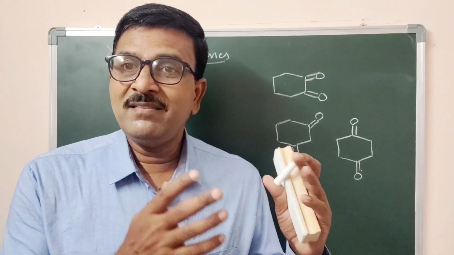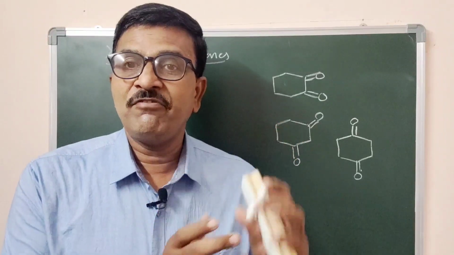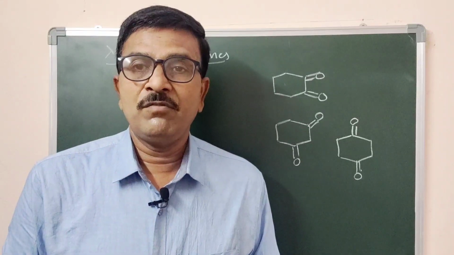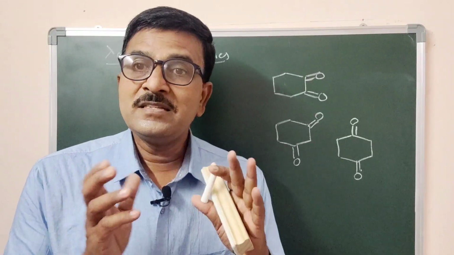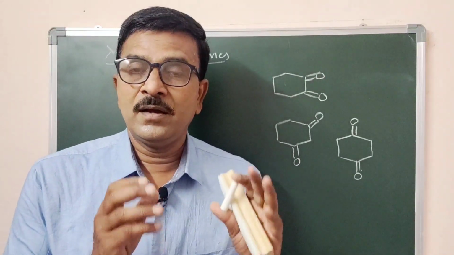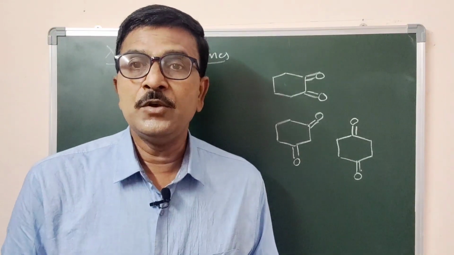So whatever the basic values as well as the increments value for different substituents which used in the case of alpha beta unsaturated carbonyl compounds are considered for calculating absorption maxima in diketones in their enolic form.